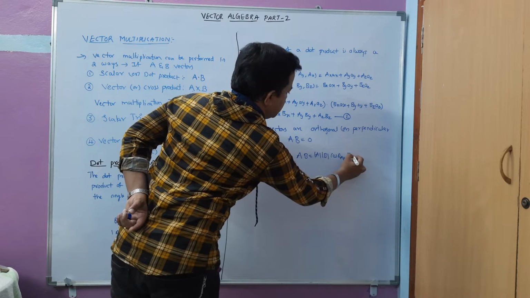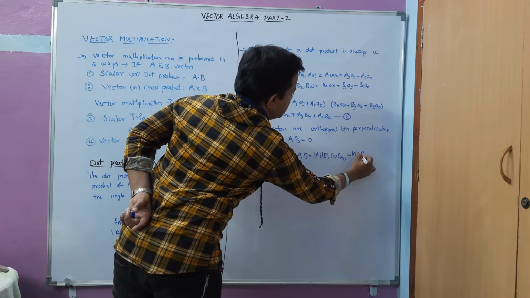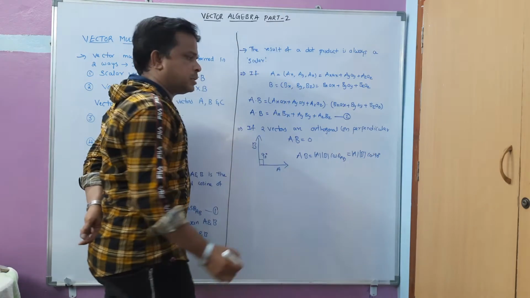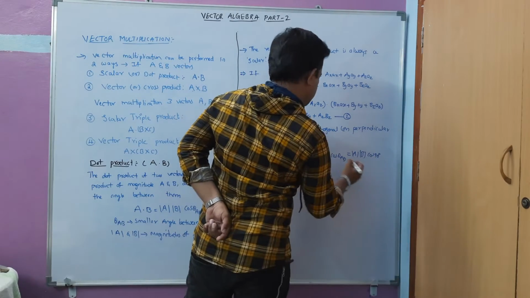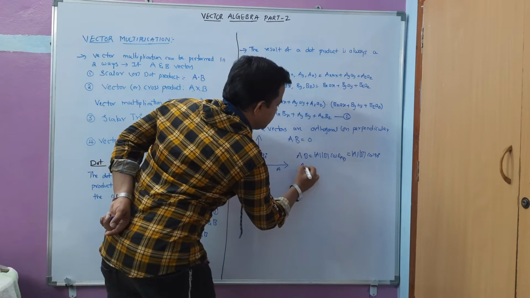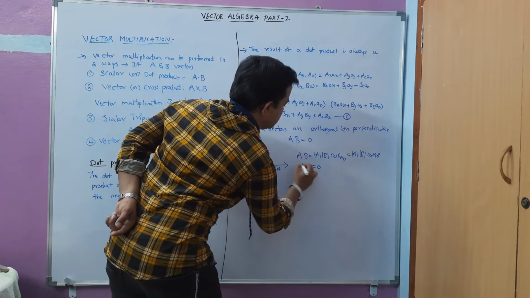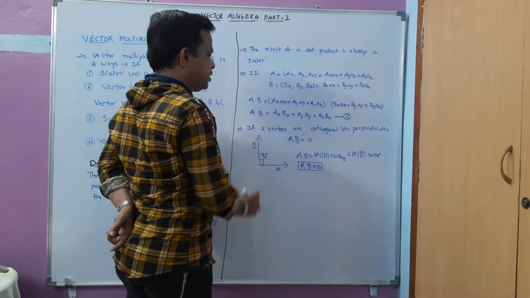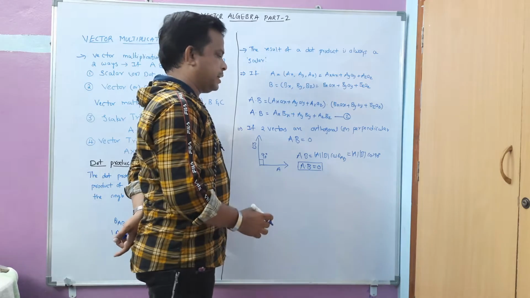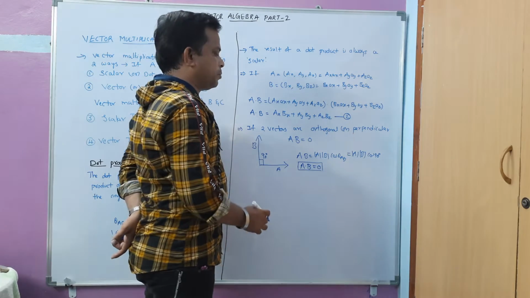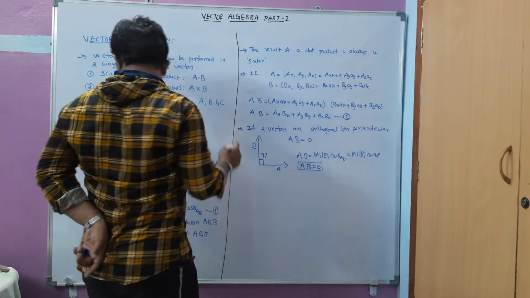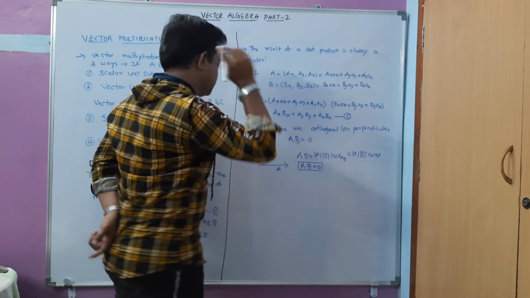So here we take AB cos 90. Cos 90 is always 0, so A dot B will give the result as 0. So always remember that if the angle between two vectors is 90 degrees, then their dot product is 0.